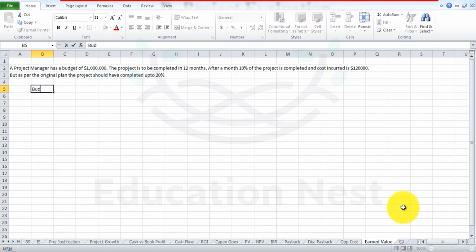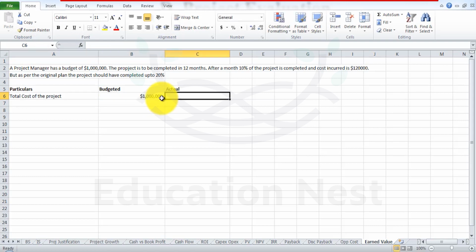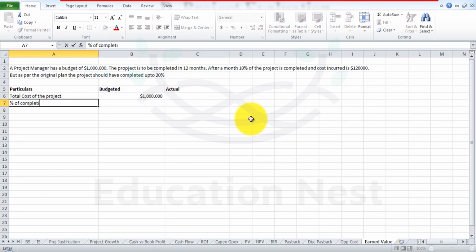So first, budgeted figures and actual figures. We have the total cost of the project. It's budgeted at $1 million. Percentage of completion as per the budget should have been 20%.